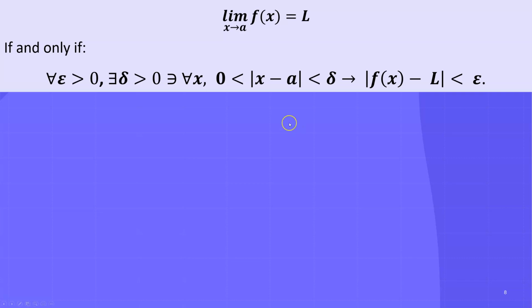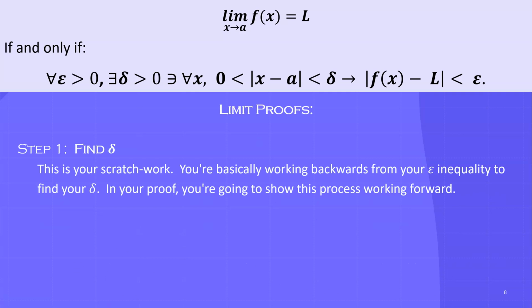All right, so let's take a look at how we would prove using the definition. As we talked about, step 1 is to find delta, and that's a pretty important step in this proof, but it is not part of the proof. It's basically just your scratch work, because you have to show that there is a delta.